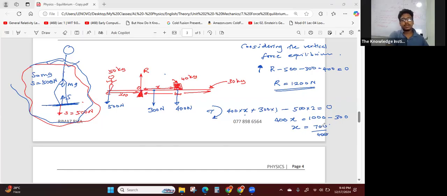What is 7 divided by 4? 1, remains 3. 30, 28 remains 2, 1.75. 4 into 5, 20. Okay. So therefore x equals 1.75 meters. Okay. Is this clear? Abhishani, did you understand? Because I didn't see any message come from you.